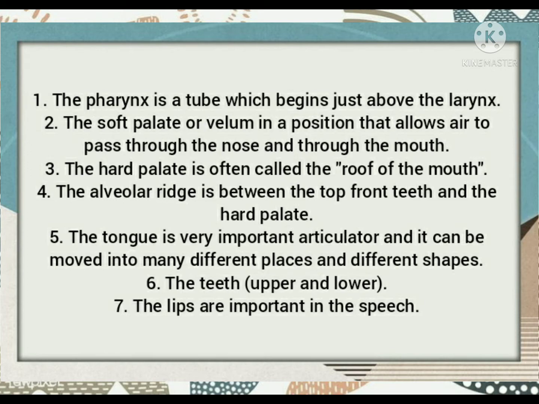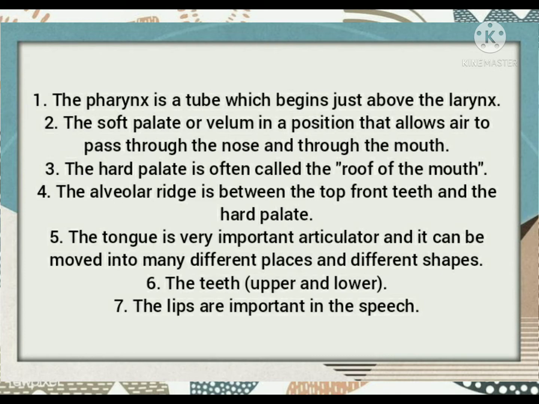The hard palate is often called the roof of the mouth. 4. The alveolar ridge is between the top front teeth and the hard palate. 5. The tongue is a very important articulator, and it can be moved into many different places and shapes.